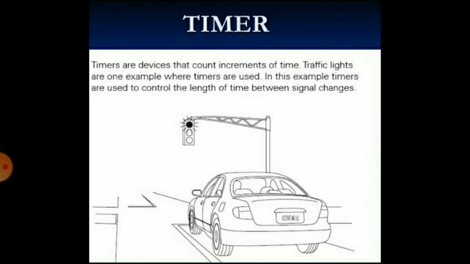Timers are devices that count increments of time. An example is given in this slide. Traffic lights are one example where timers are used. In this example, timers are used to control the length of time between signal changes.